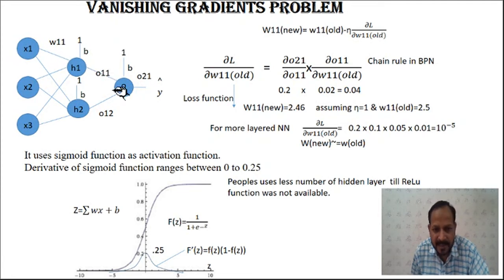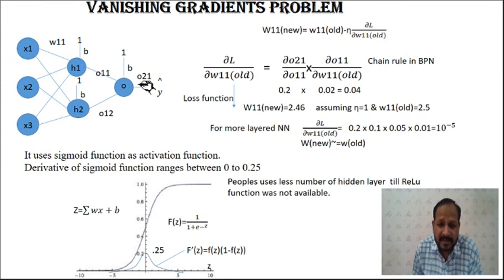So we take the derivative of O21 divided by the change in O11, multiplied by the derivative of O11 with respect to W11, that is dO11 divided by dW11. This is the chain rule which is used in the back propagation algorithm.